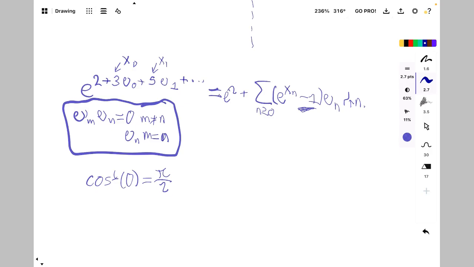So this formula would just be, let's see, the arccosine of the real part plus the sum over n of arccosine of xn minus pi over 2, if we were to do this system.